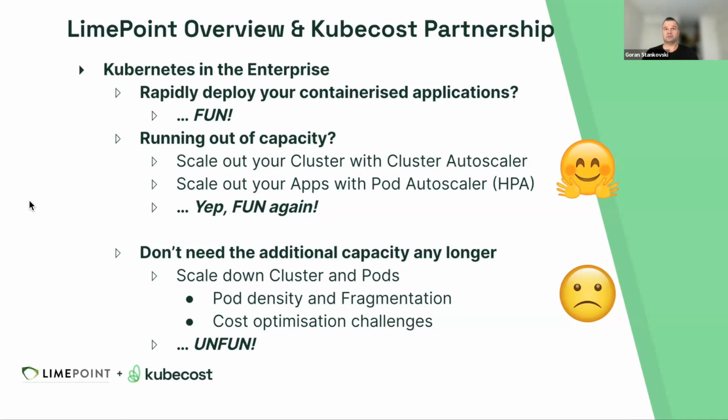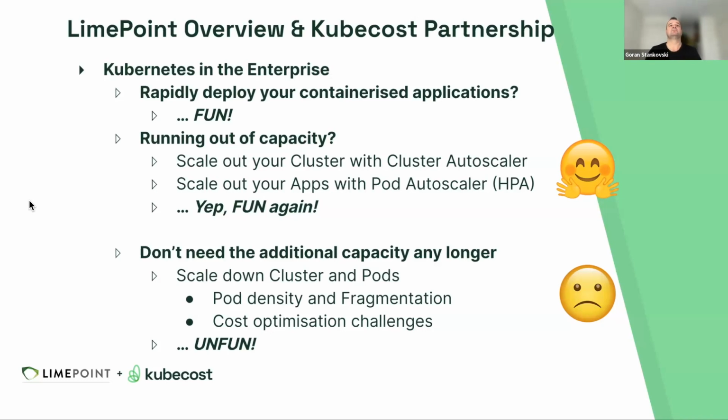Scaling out your application with a pod autoscaler is fantastic. You can scale up your application so it can respond to workloads dynamically. Super fun. Scaling out your cluster with a cluster autoscaler. As your capacity approaches its limits, it can automatically scale out and spin up new capacity from your underlying infrastructure provider.